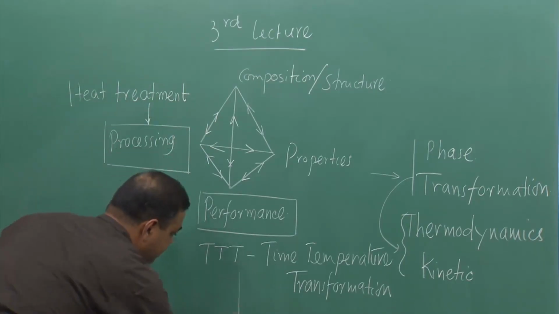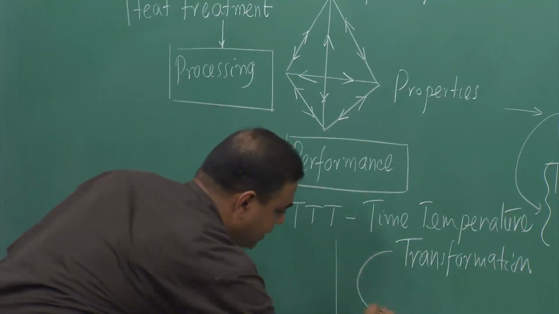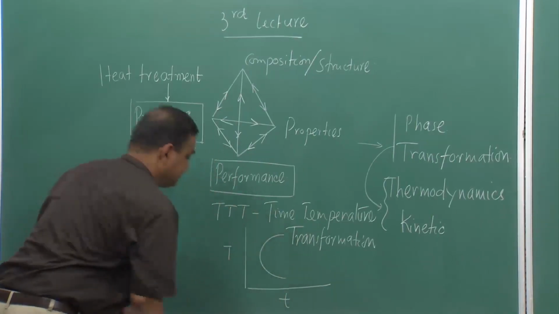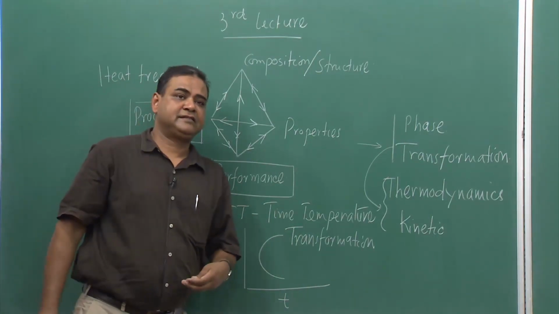And a TTT diagram looks typically like a C curve, where this axis is temperature and this axis is time.